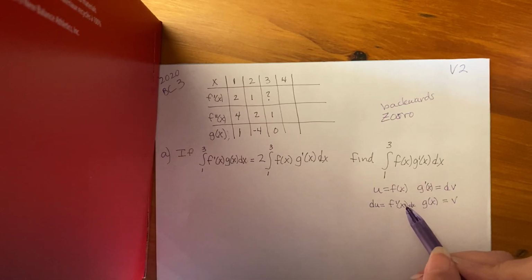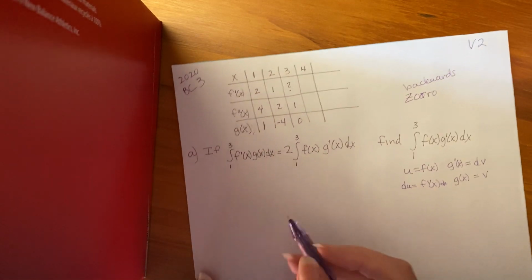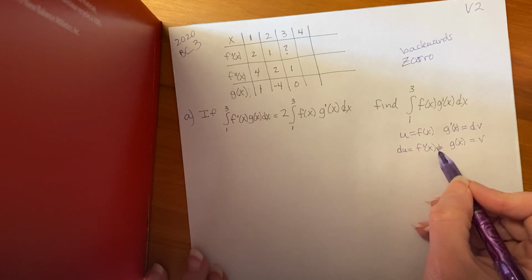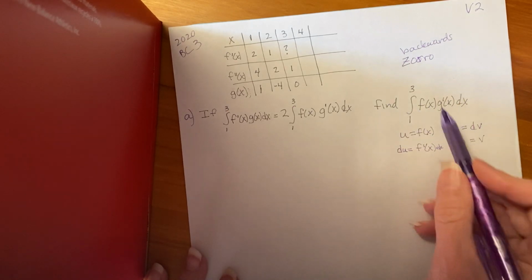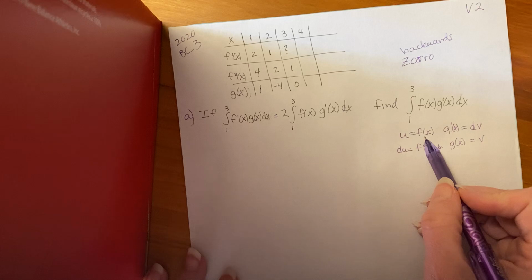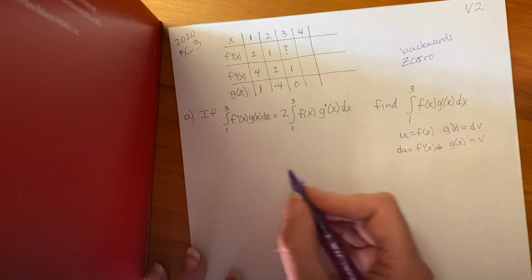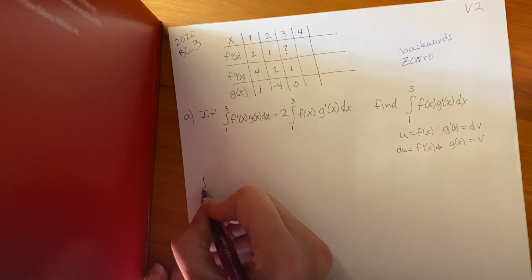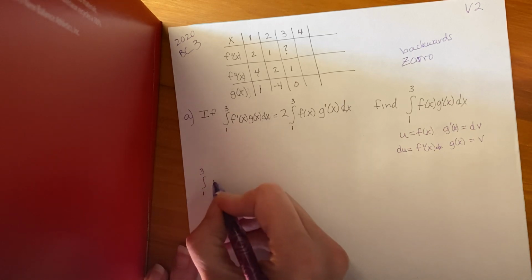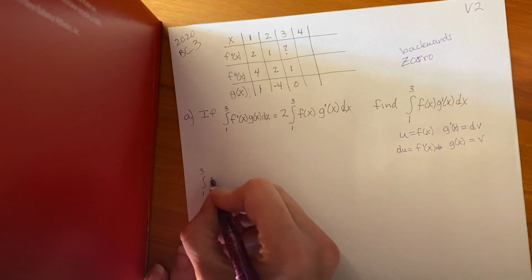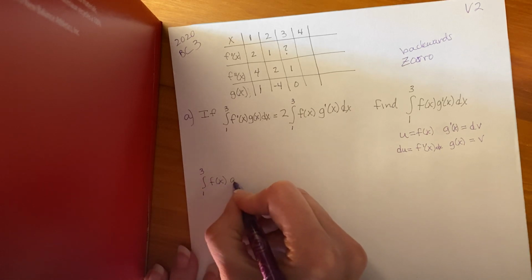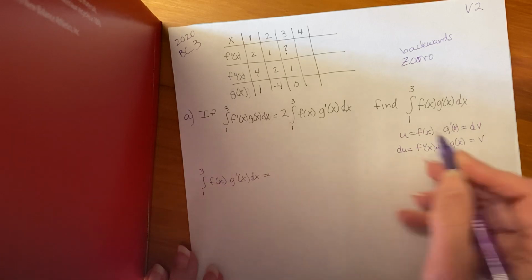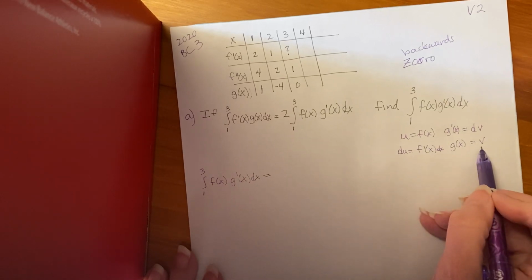So what we know here, we're going to go with our backward Zorro. We're trying to find this integral from 1 to 3 of f of x, g prime of x dx. And that equals, well, now we do the u times the v part.